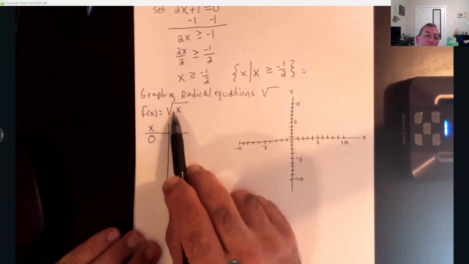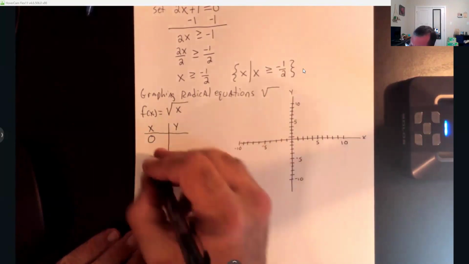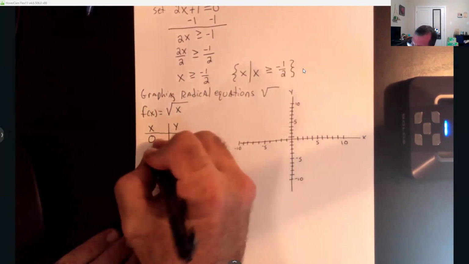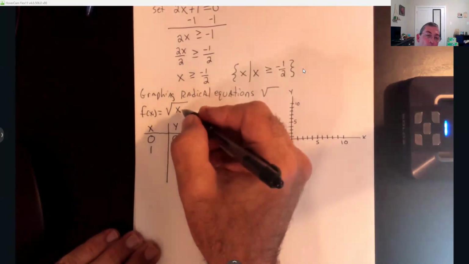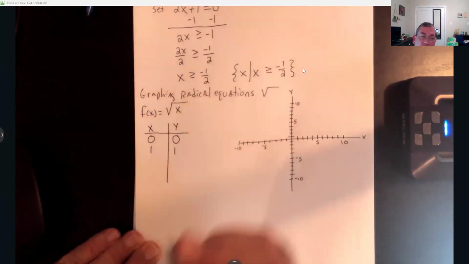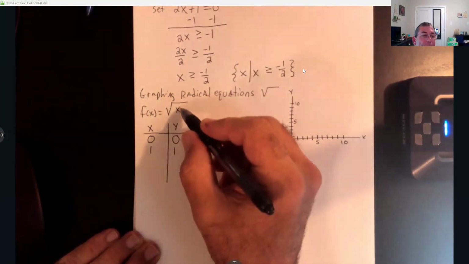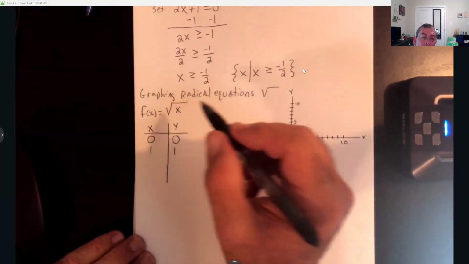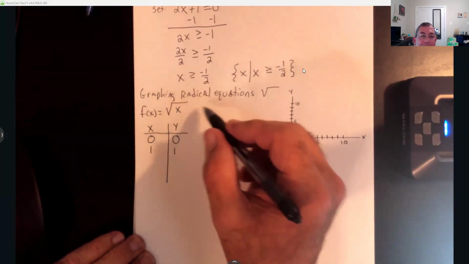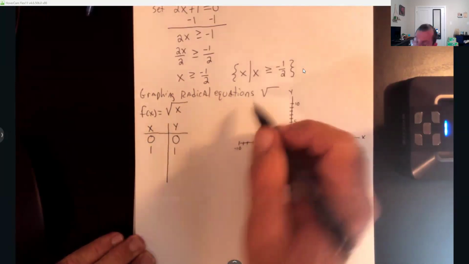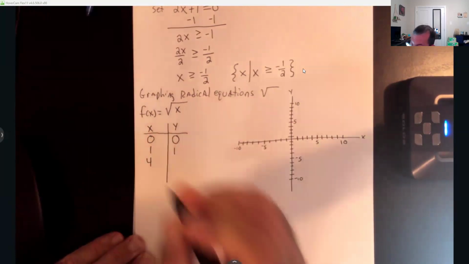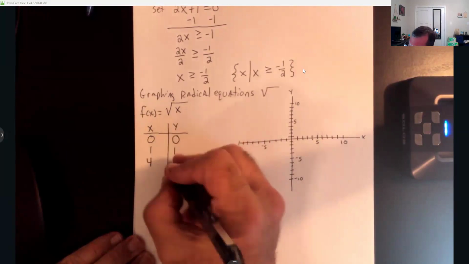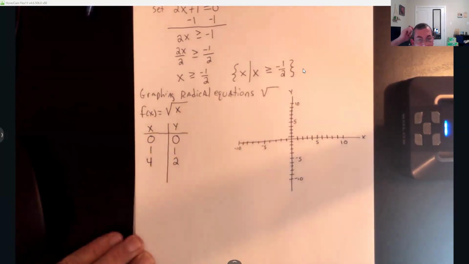Now I'm just going to put in numbers I can take square roots of. So if you put a 0 in, square root of 0. If you put a 1 in, square root of 1 is 1. So I'm not going to use a 2 because I don't want a never-ending decimal. I'm not going to put a 3 in because that's a never-ending decimal. But I can put a 4 in because I know the square root of 4. Square root of 4 gives me 2.